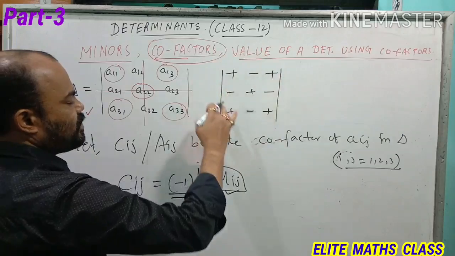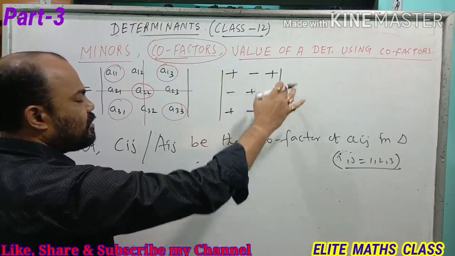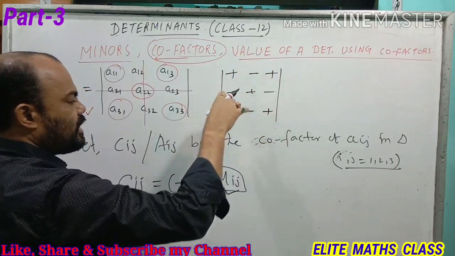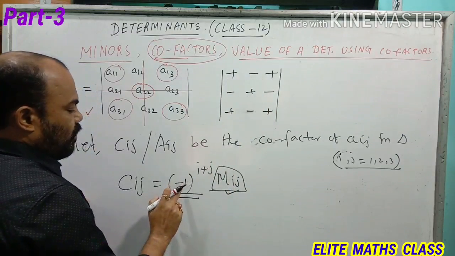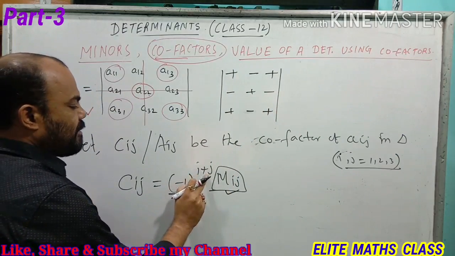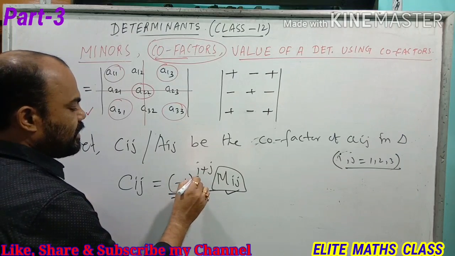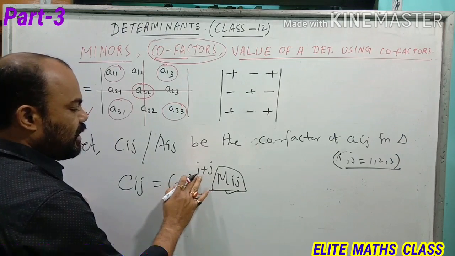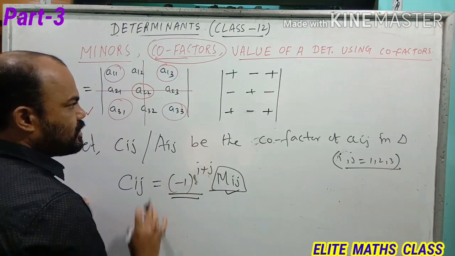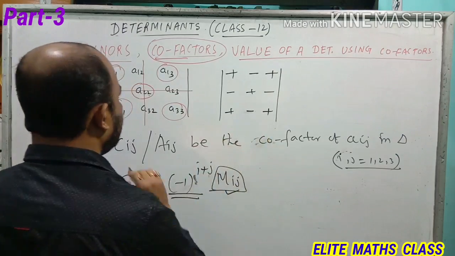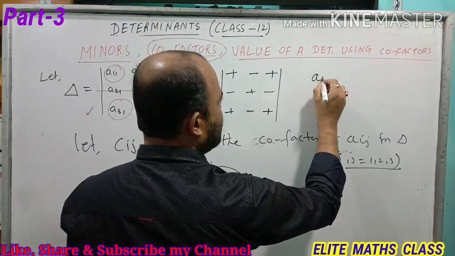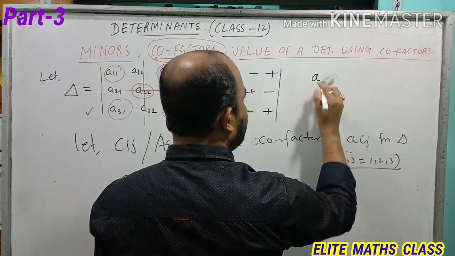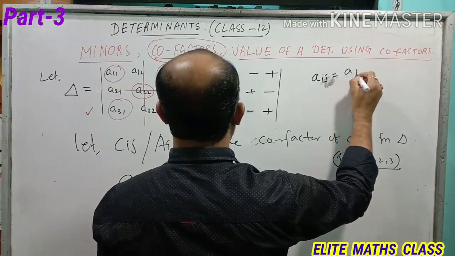Earlier I just simply told that these are the signs of the positions of a 3 by 3 determinant. Now from here you see how these signs came. What is the formula? Minus 1 power i plus j. i indicates the position of row, j indicates the position of column. For example, say this position. Here, what is the element? It is Aij equal to A13.